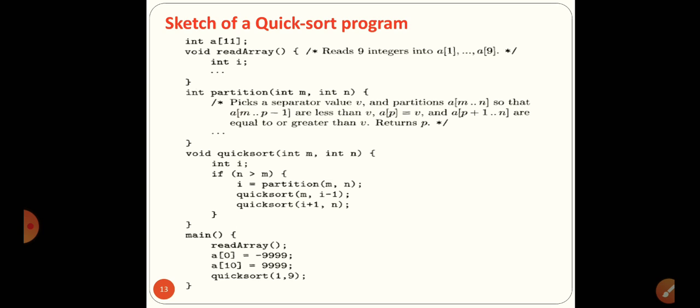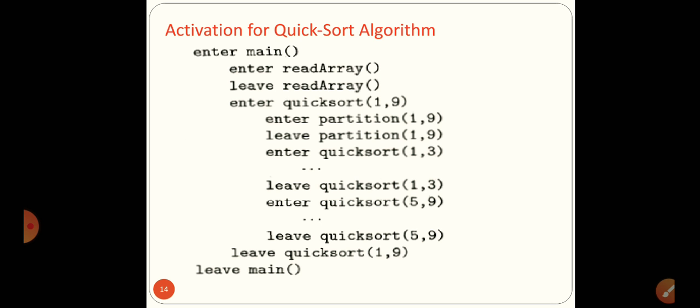So when we enter, first it executes the main function, then it reads the array, then it leaves the array, then it enters quicksort of 1 to 9 elements, then it enters the partition, then leaves the partition, then enters quicksort. This is the workflow of the quicksort algorithm, how the steps are activated during its execution.